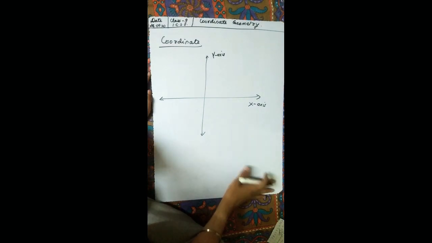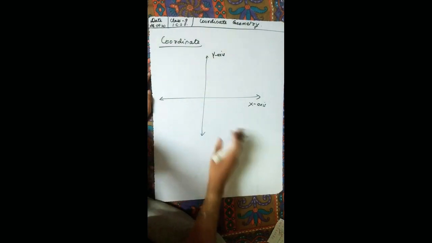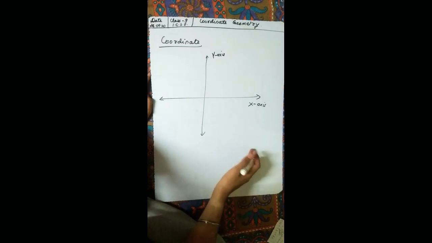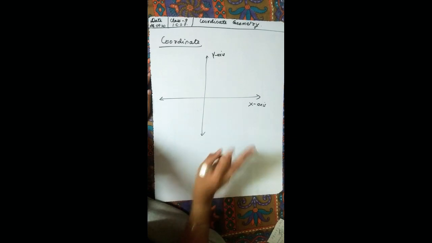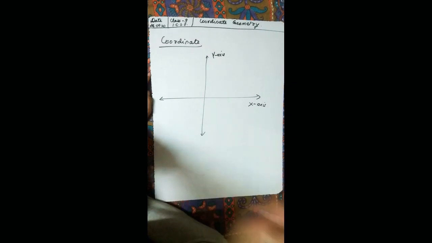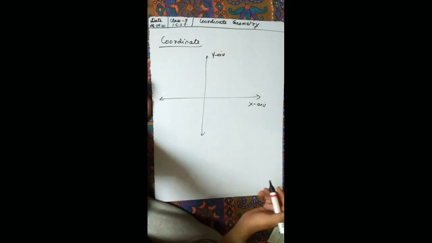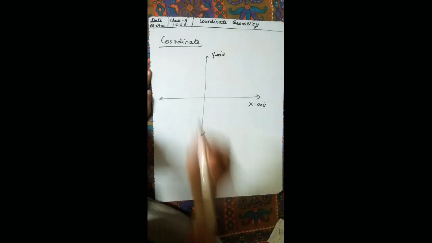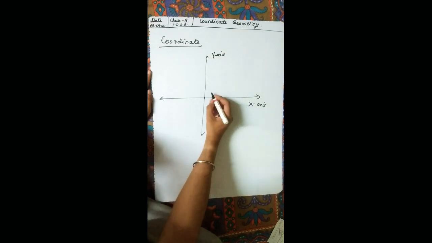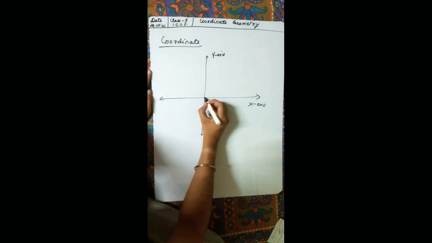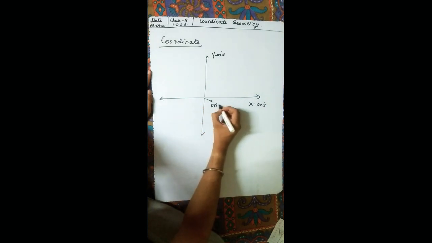From here we start the basics of coordinate geometry. There are basically two axes, the x-axis and y-axis, which are in front of you. The point where the two axes intersect and meet is called the origin.